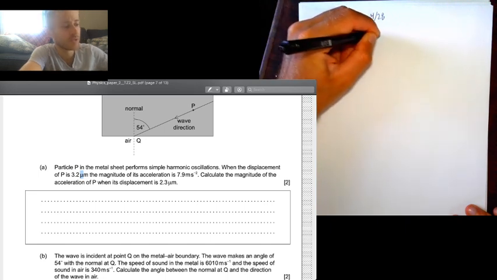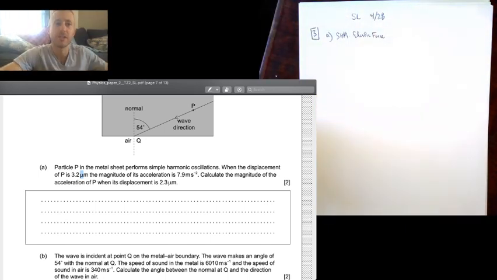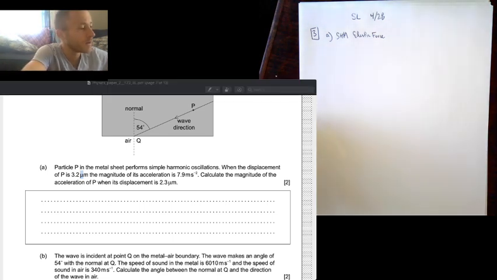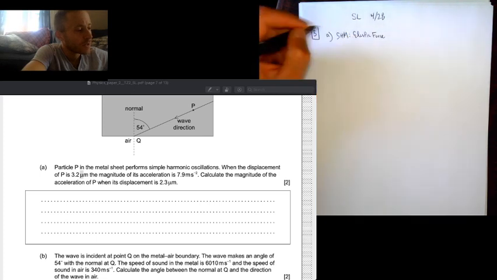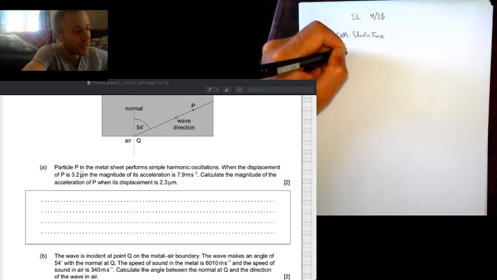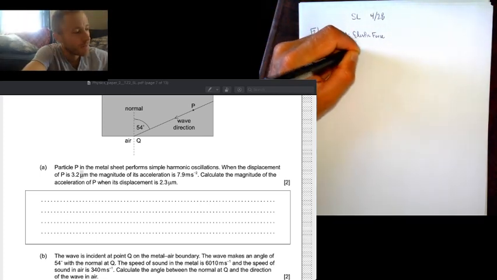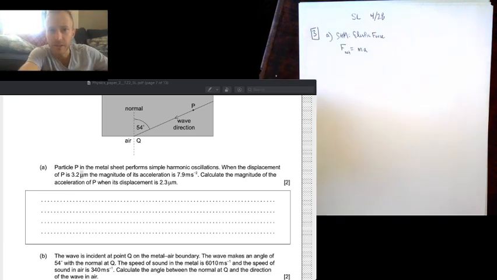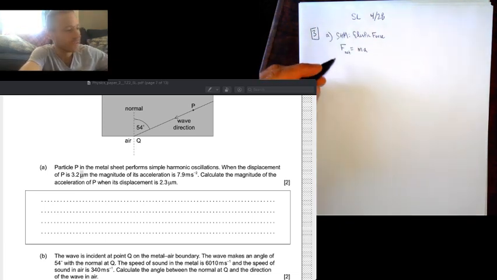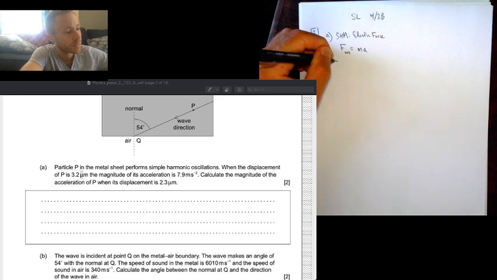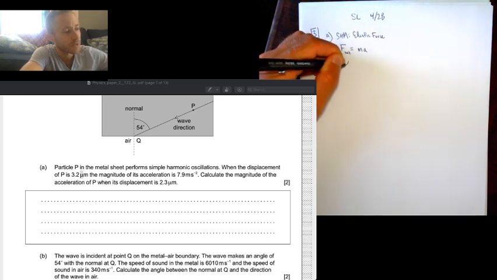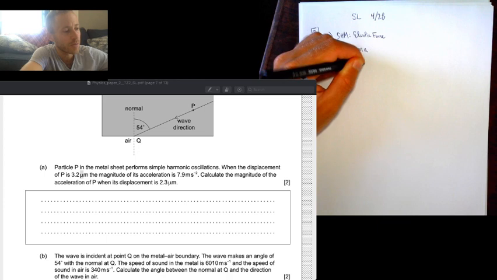When something is undergoing simple harmonic motion, it is the elastic force that is acting on it. So if we write Newton's second law, net force equals ma, the force is the elastic force, which is minus kx. So minus kx equals ma.